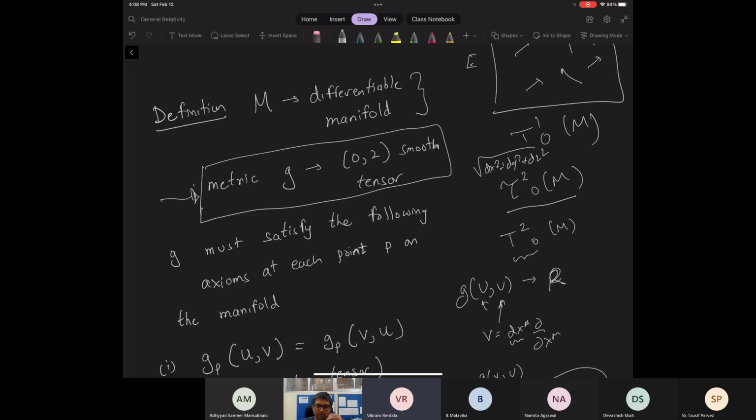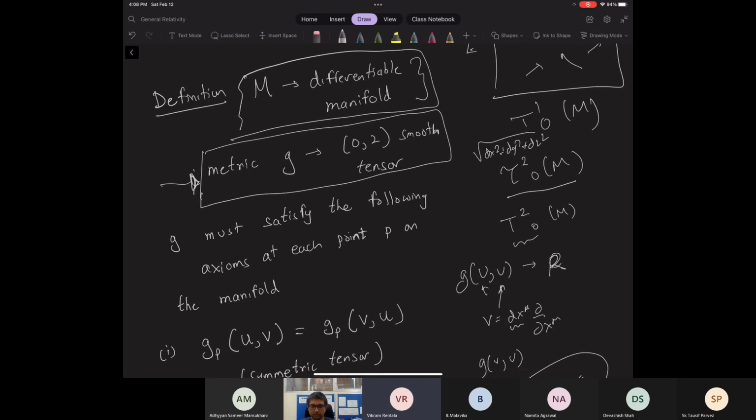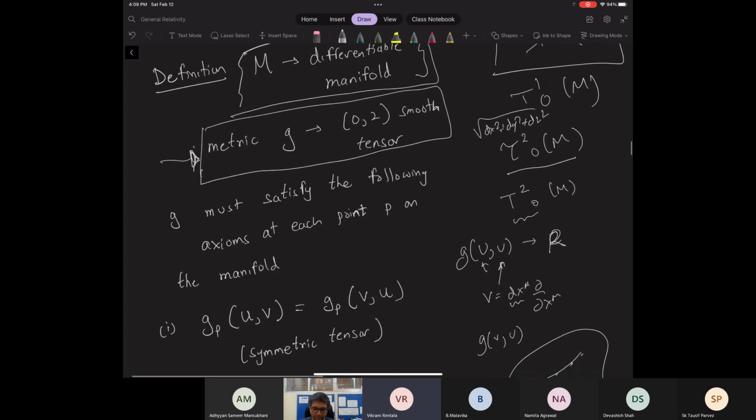Okay, but a general manifold doesn't have a notion of distance with it until we specify a metric tensor on the manifold. Okay, so now we'll define specifically what we mean by a metric space, and there are some properties that a metric tensor must satisfy in order for it to be a valid metric space, according to some definitions.